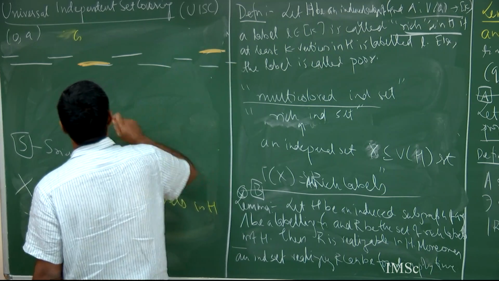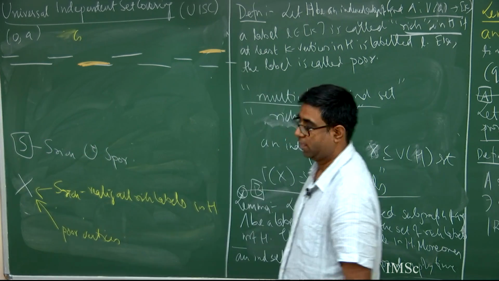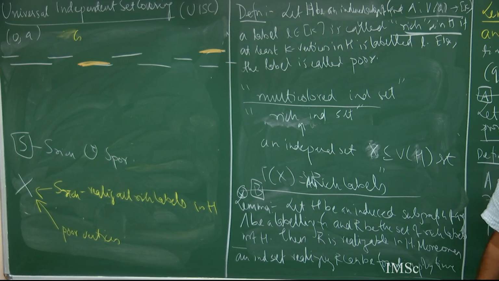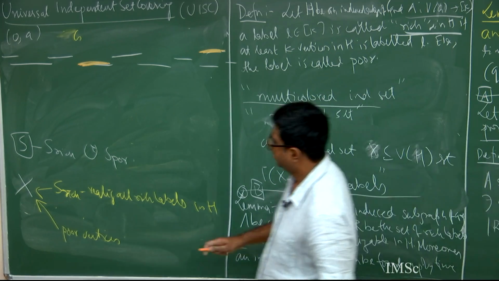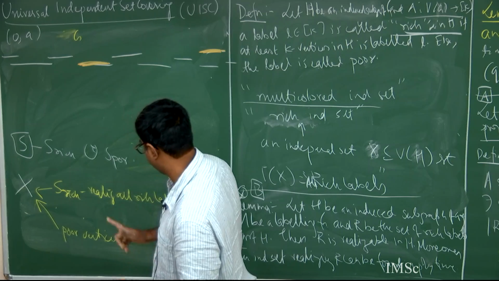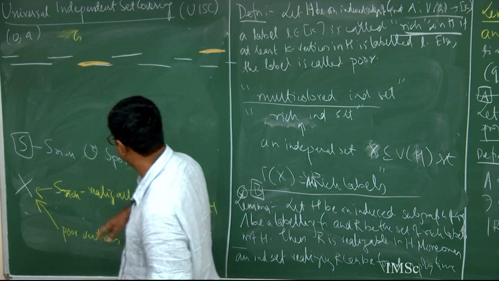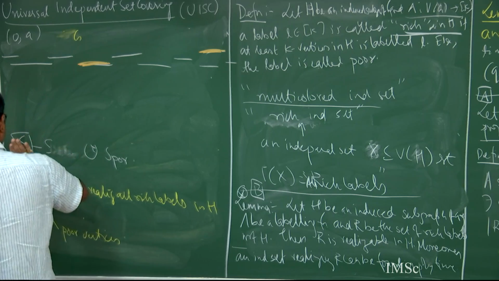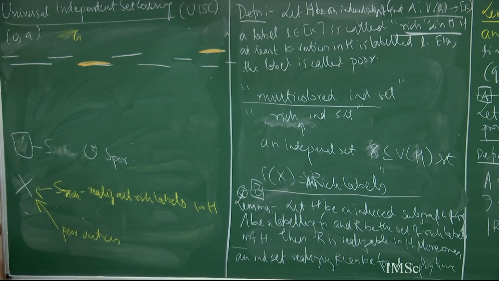But then where are these other vertices? This is a very bad notation. Let's call it W rich.